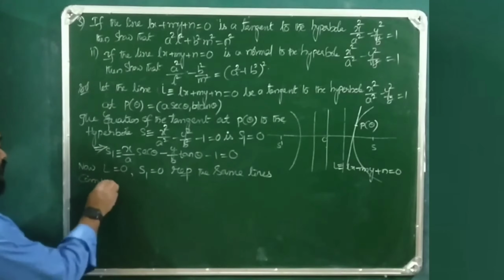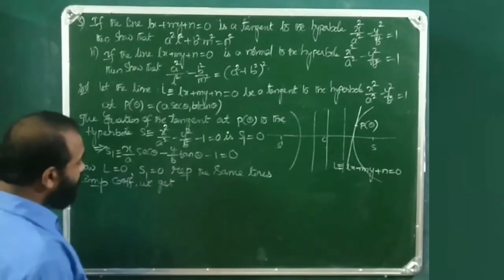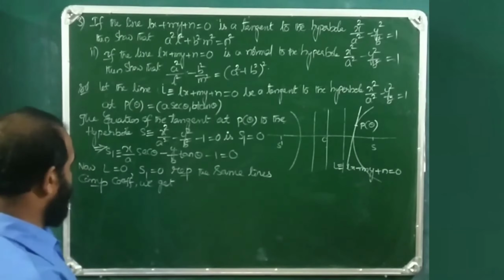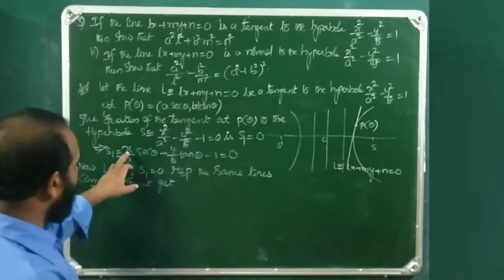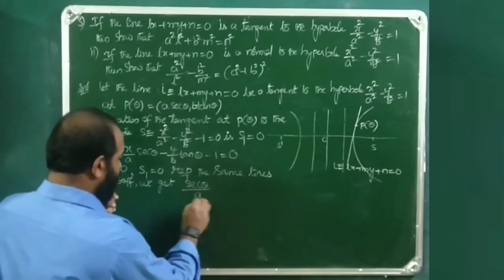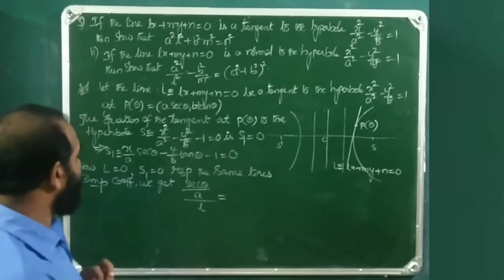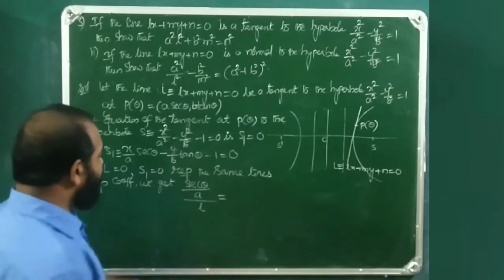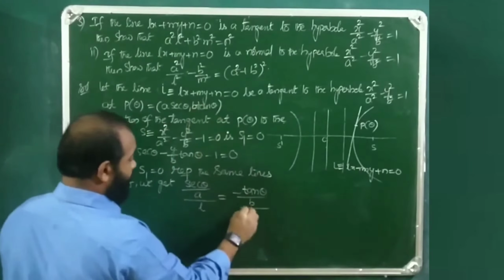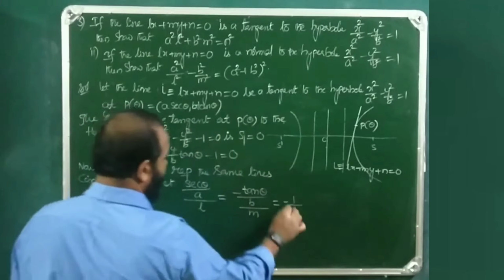Comparing coefficients, the coefficient of x is secant theta by a over L, equal to the coefficient of y, minus tan theta by b over m, equal to the constant, minus 1 by n.